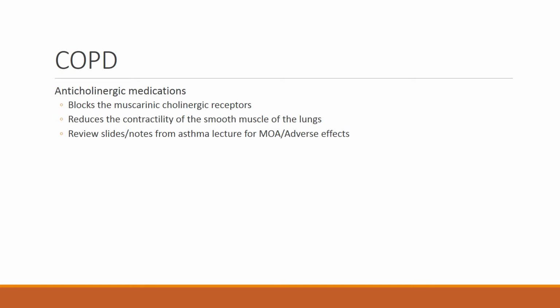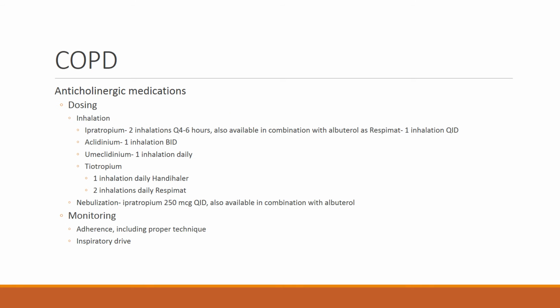So again, moving on, talking about those anticholinergic medications, recall again that from the asthma lecture with how they work and the adverse effects to watch out for. What we're seeing is that ipratropium, 2 inhalations every 4 to 6 hours. It does come in that Combivent Respimat that I know I talked about with asthma.